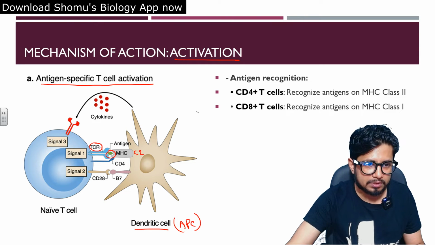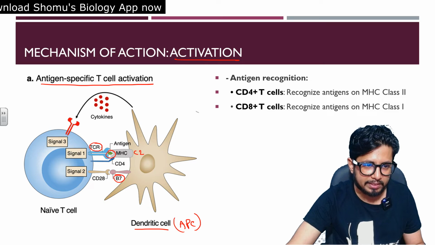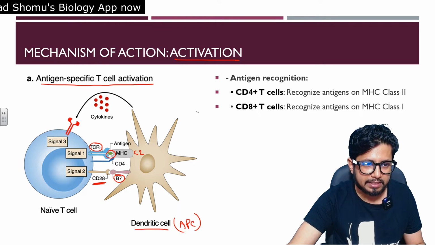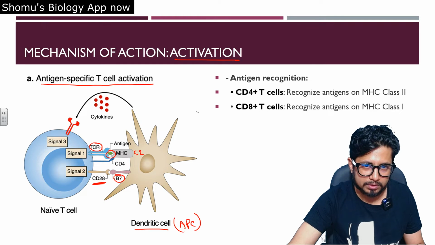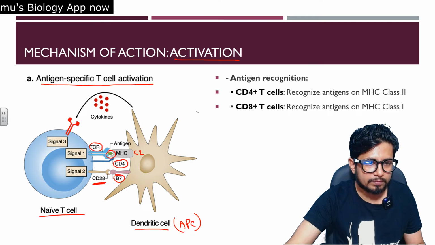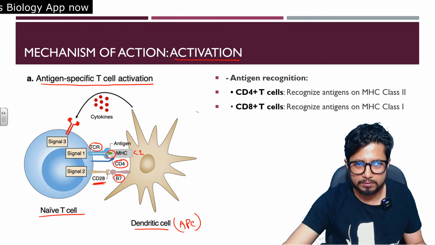The secondary response is also done between B7, coming as a ligand from the dendritic cell, and CD28 from the naive T cells. This interaction properly seals the process. Now here we know the naive T cell can either have CD4 expression or CD8 expression. In this case it has CD4 expression.